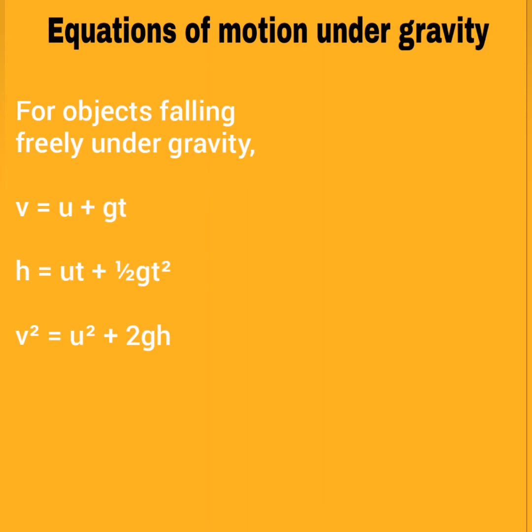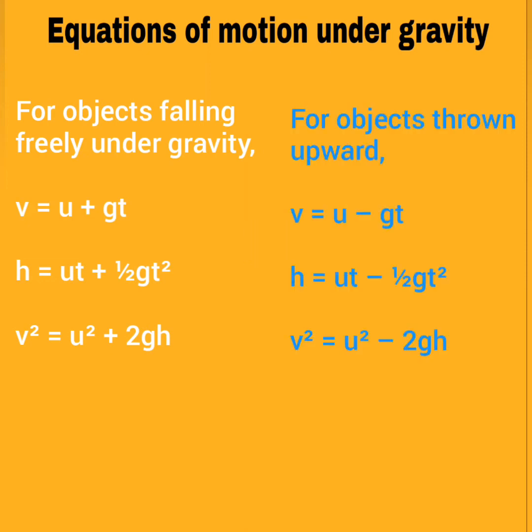You use these equations anytime an object falls freely under gravity. When an object is thrown upward, these equations become v equals u minus gt, h equals ut minus half gt squared, v squared equals u squared minus 2gh.